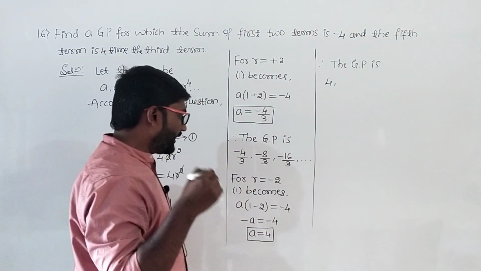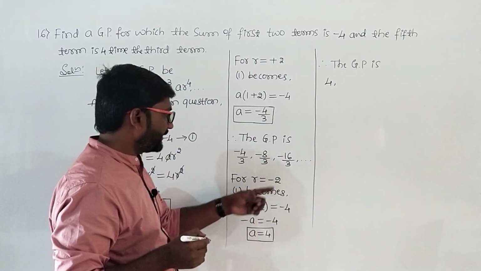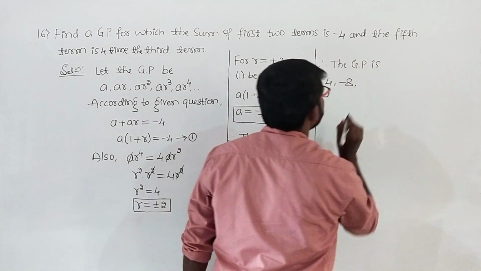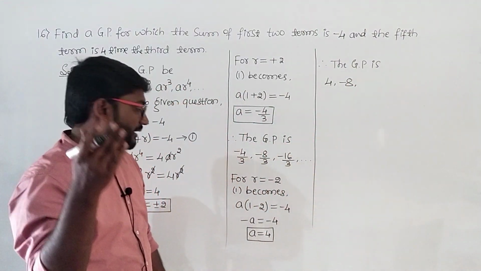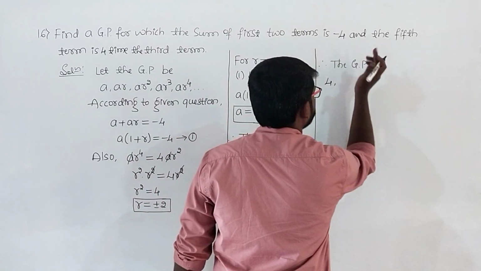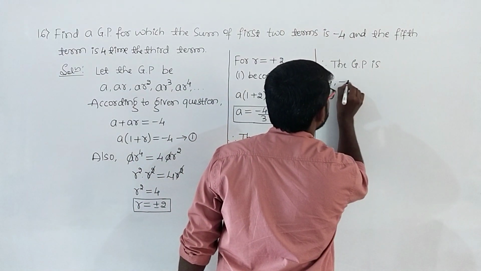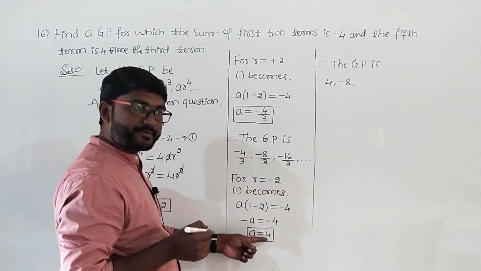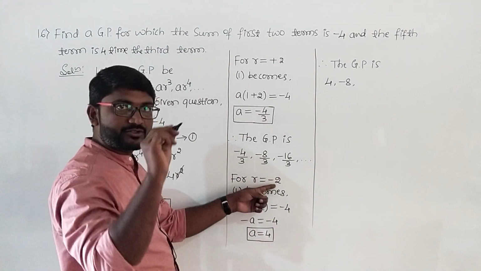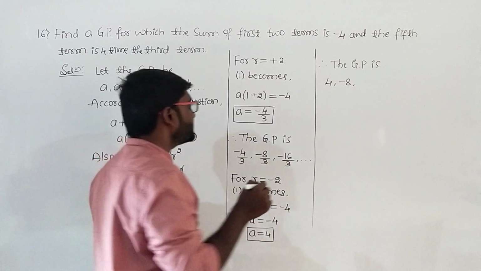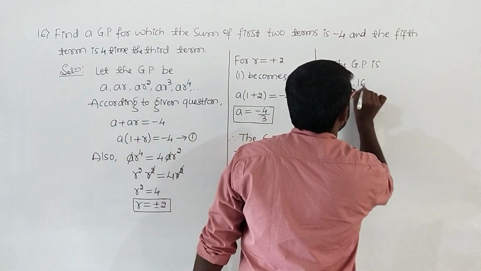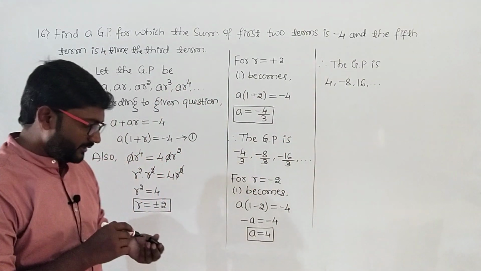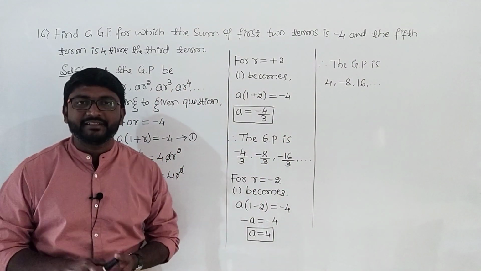Then AR, 4 into minus 2, it is minus 8. Now it has to be AR square. A is 4, R square is minus 2 the square, which will be 4. 4 into 4 is 16. And so on and so on. This is the required GP. So this is all about the 16th problem.